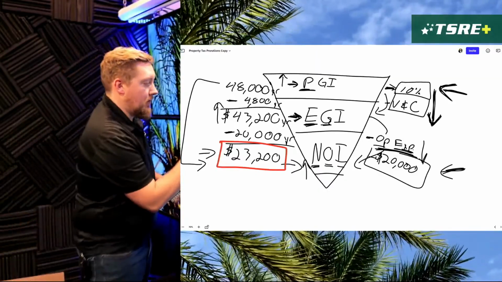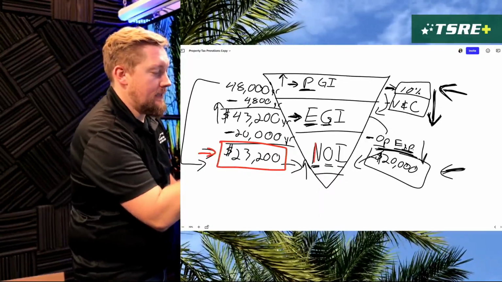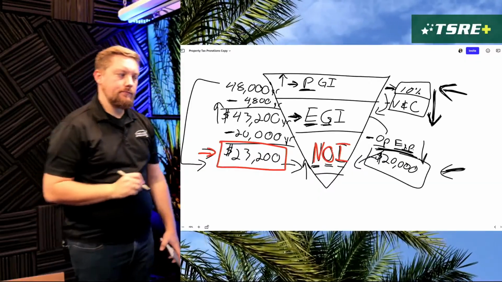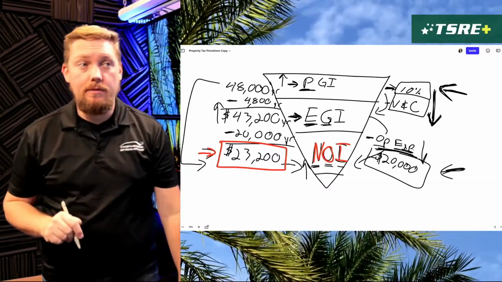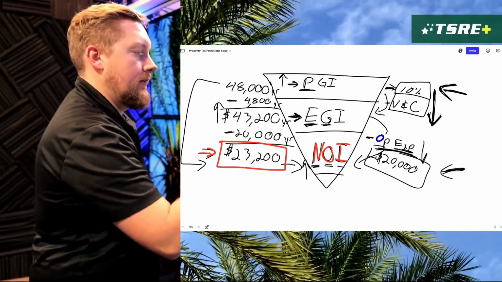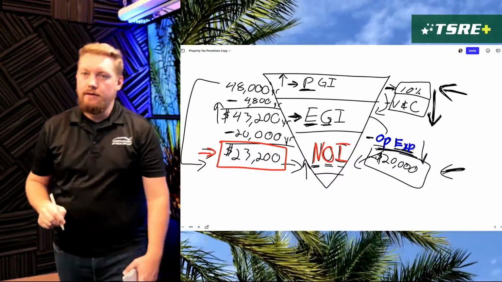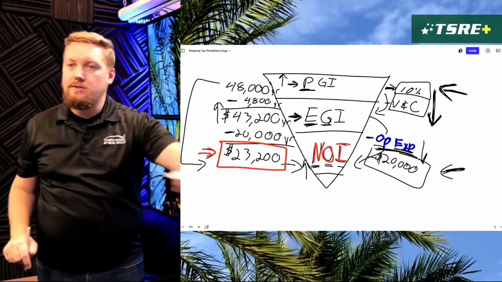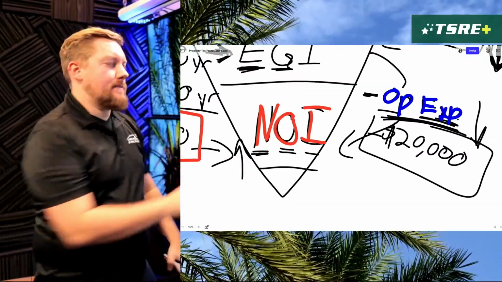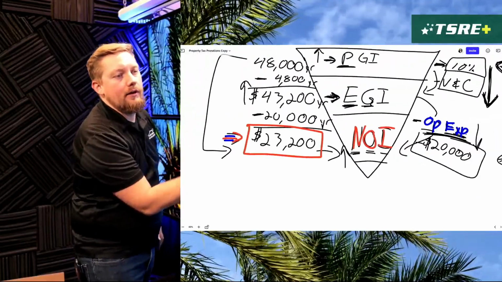Now, they could start you right there, where all you have to know is that was the net operating income. So you have to recognize that term, because they might also tell you on there what operating expenses are, telling you that those operating expenses are $20,000. But why would you need to know the operating expenses if they've already given you the final end-of-the-line number?